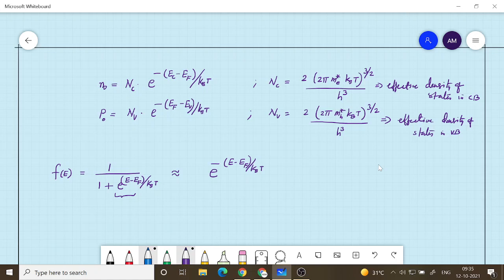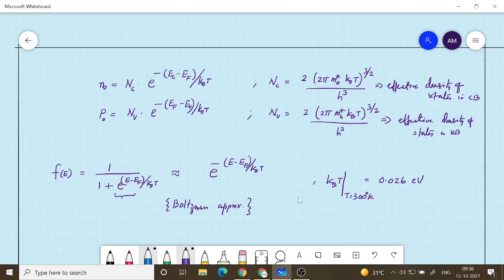We are integrating over all the energies in the conduction band, and Ef is the Fermi energy level, and we assumed that E minus Ef is many times larger than kBT. So in deriving the expression for N0 and P0 we have used an approximation, which is called the Boltzmann approximation.